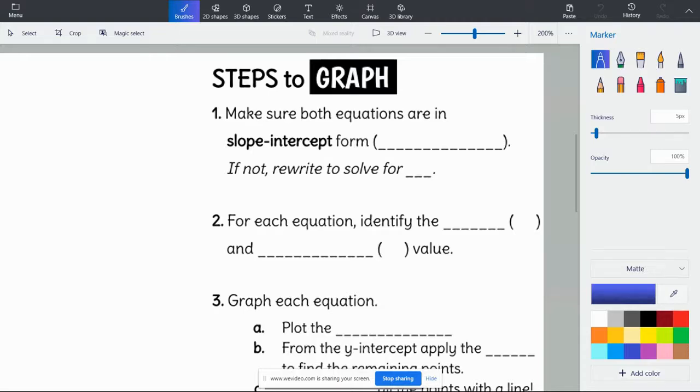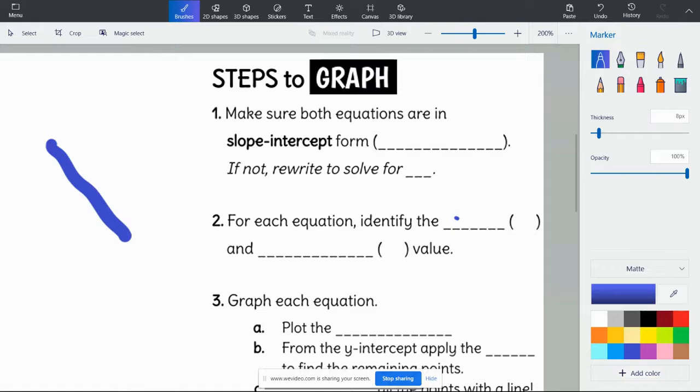So we're going to graph two lines and find where those two lines intersect. If you think about two lines, I'll draw it over here. There we go.